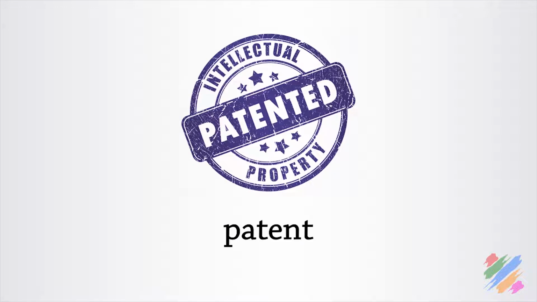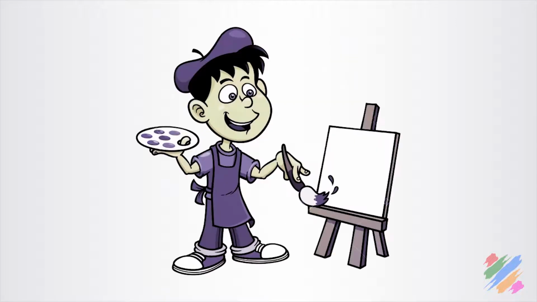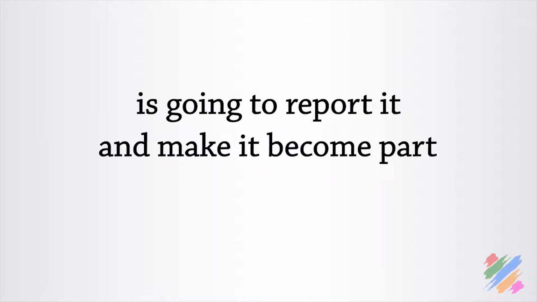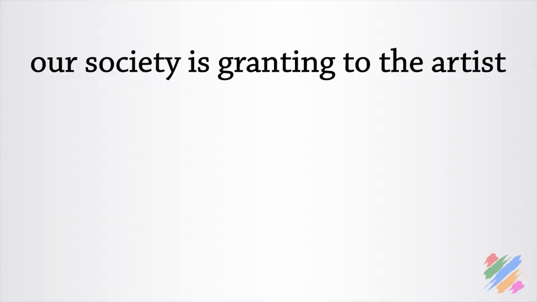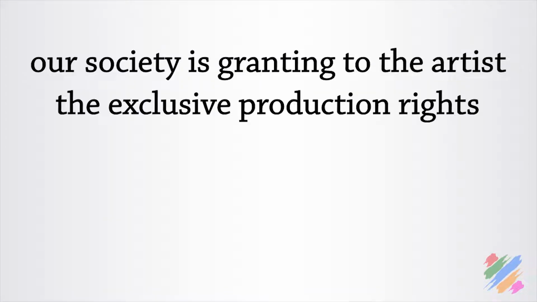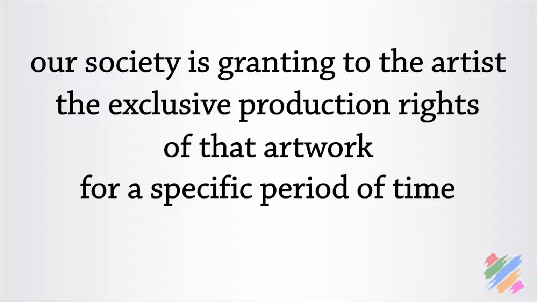With the laws on the patent, to make sure that an artist who invents a new technique to produce a new benefit for our society is going to report it and make it become part of the state of the art for that specific form of art, our society is granting to the artist the exclusive production right of that artwork for a specific period of time.